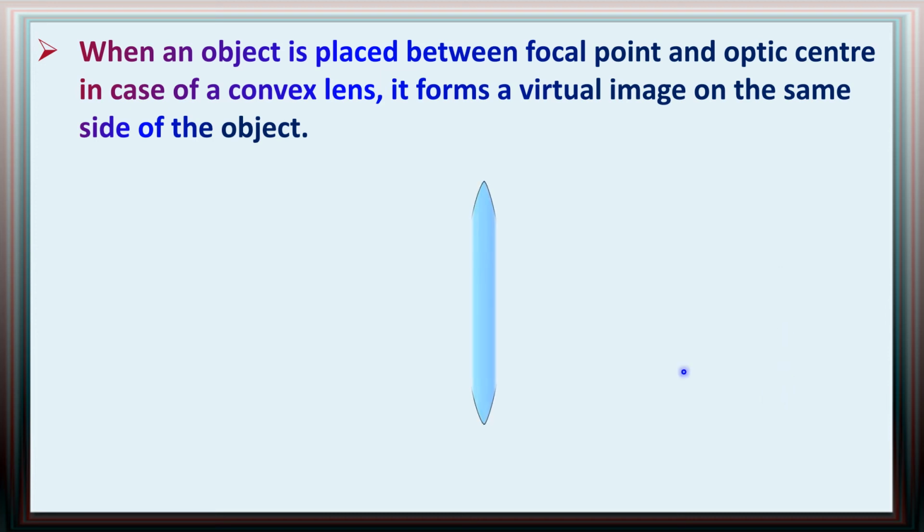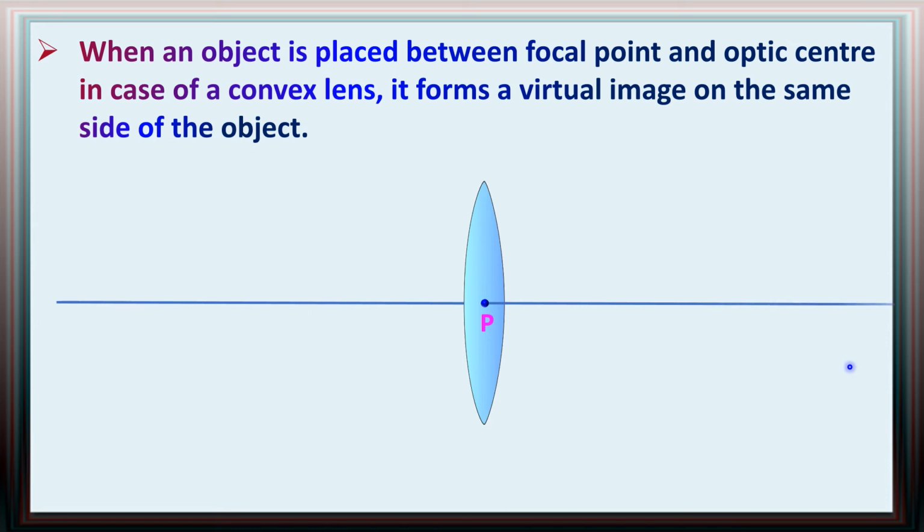We have known this. This one is the double convex lens. P is its optic center. The horizontal line passing through the optic center is called principal axis. C1, F1, C2, F2. Now I am going to place an object between P and F.